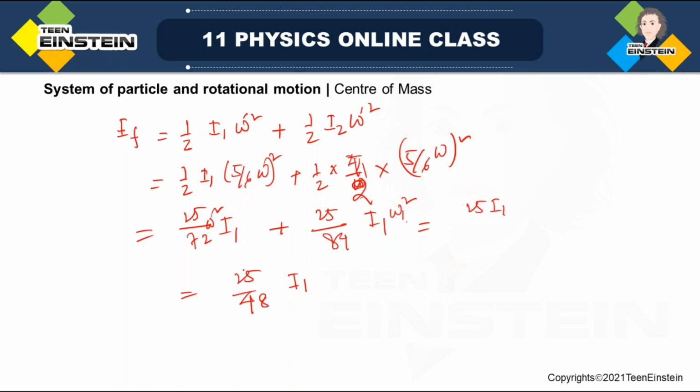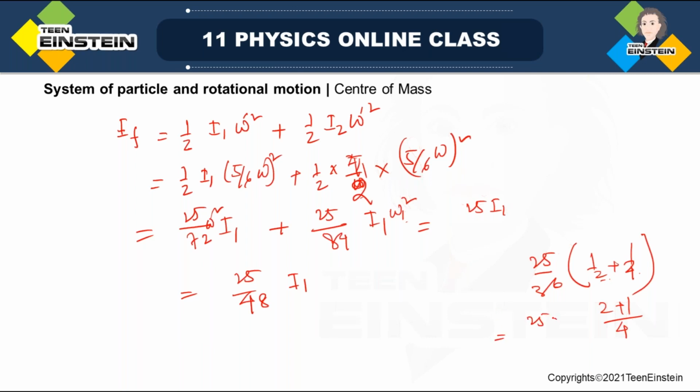Okay, so if we take 2 and 4 common, look at what will be happening here. 36 common, 1 by 2 plus 1 by 4. So this will give you 2 plus 1 divided by 4.